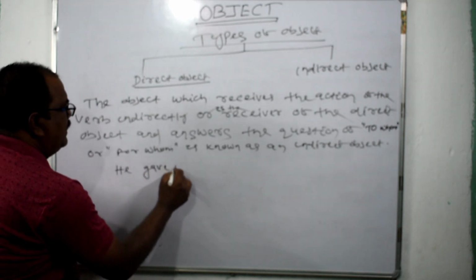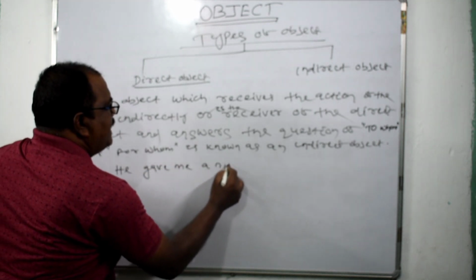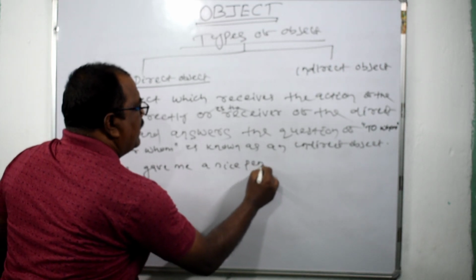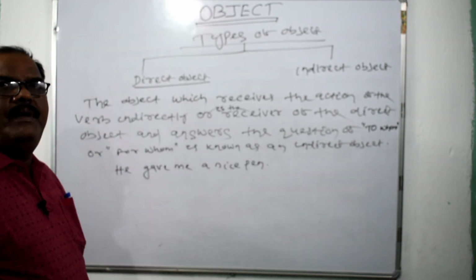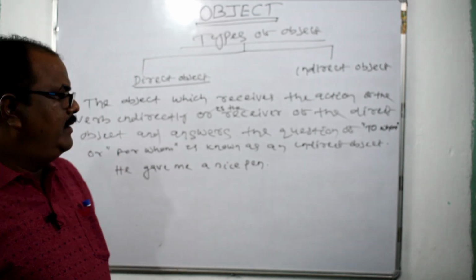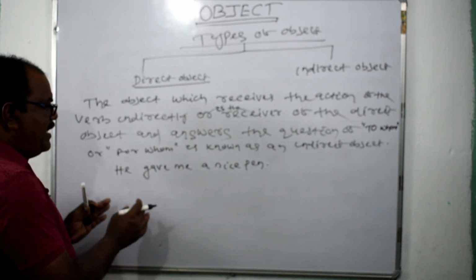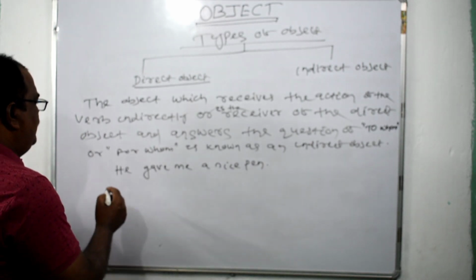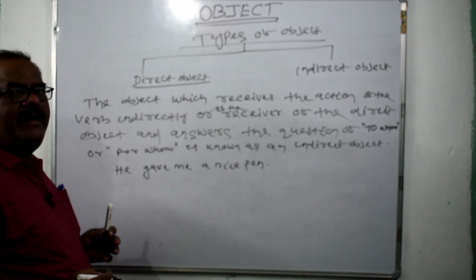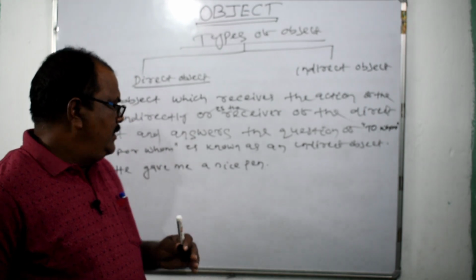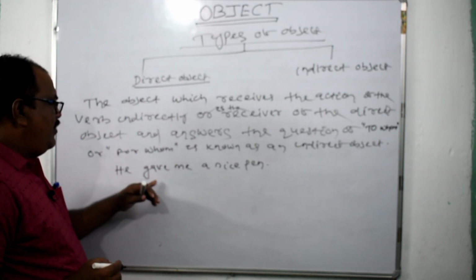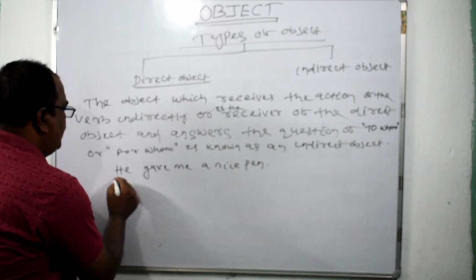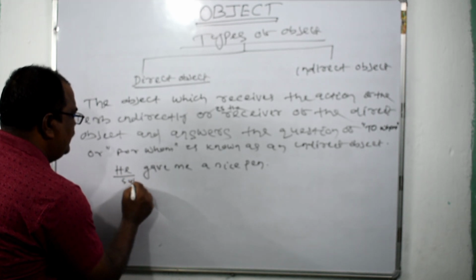He gave me a nice pen. Look at the sentence very carefully and find out the objects in the sentence. Who gave you a nice pen? He gave me a nice pen. Therefore, he is the subject here.